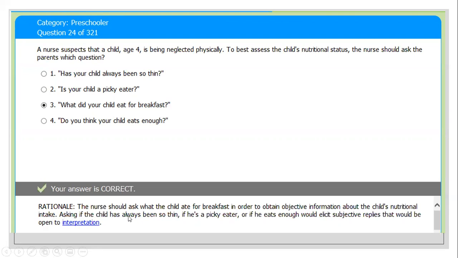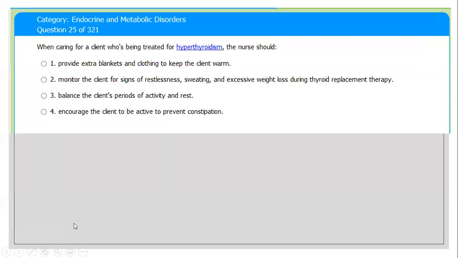Asking if the child has always been so thin, if he is a picky eater, or if she eats enough would elicit subjective replies that would be open to interpretation.